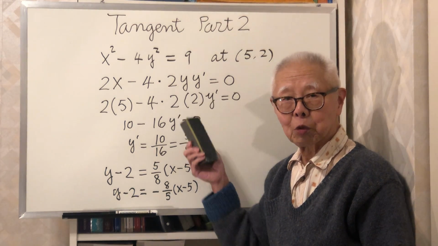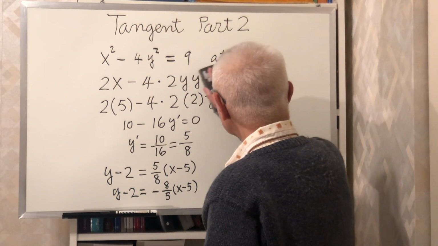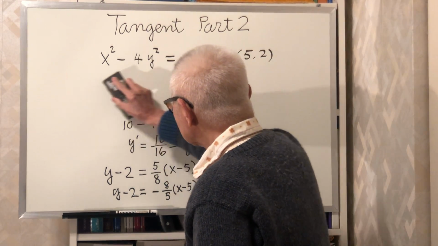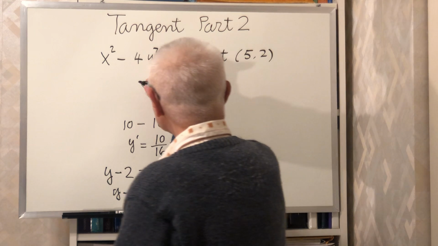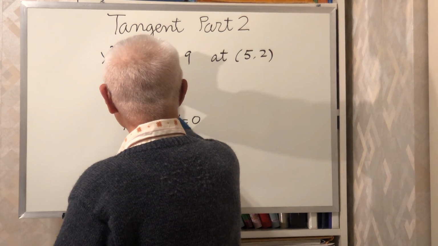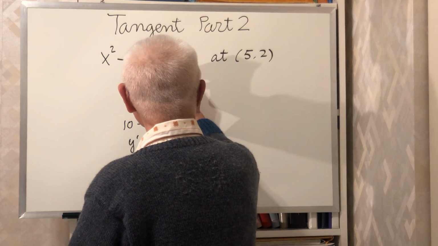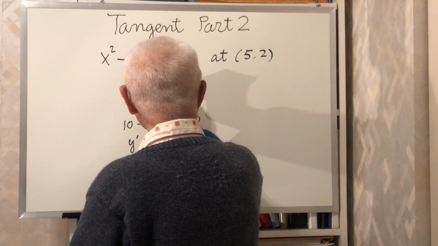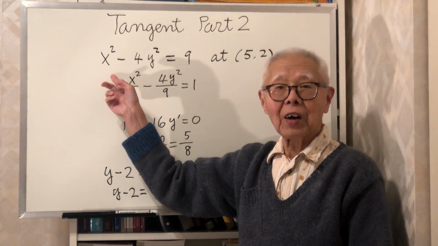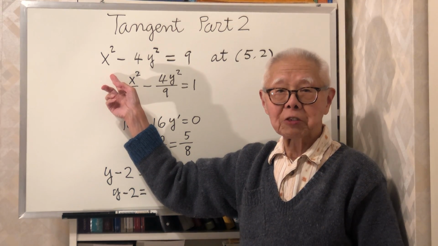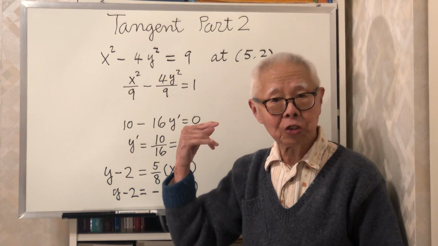So I need to erase some of this work. Divide the function, both the left-hand side and the right-hand side, by 9, so that the right-hand side is 1.